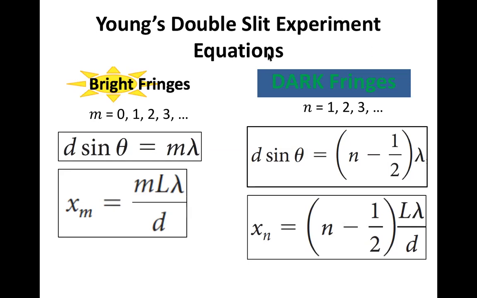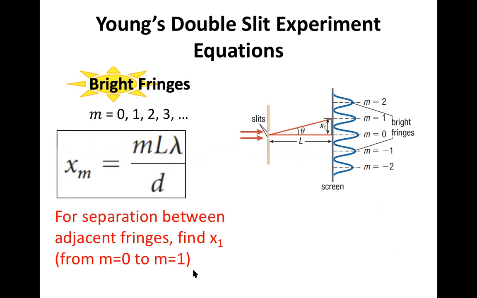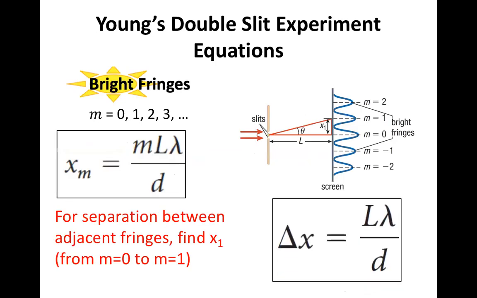So for the double slit experiment, you're going to use one of these four equations, and it just depends on what's available. Let me do some examples and show you. Oh yeah, for the separation between adjacent fringes, from bright line to bright line, we also have this equation here, the change in x.